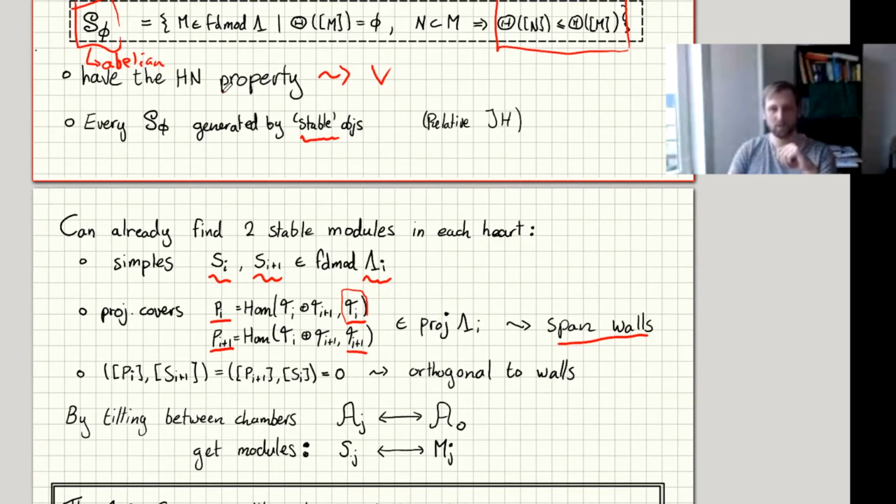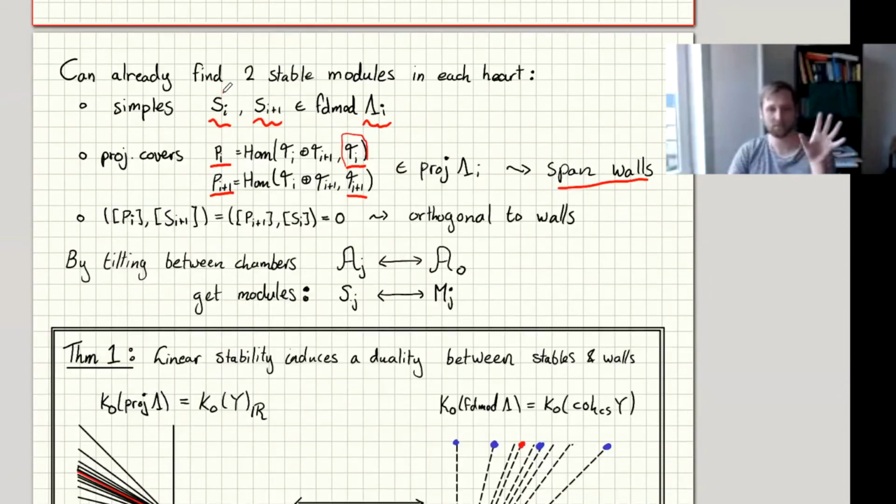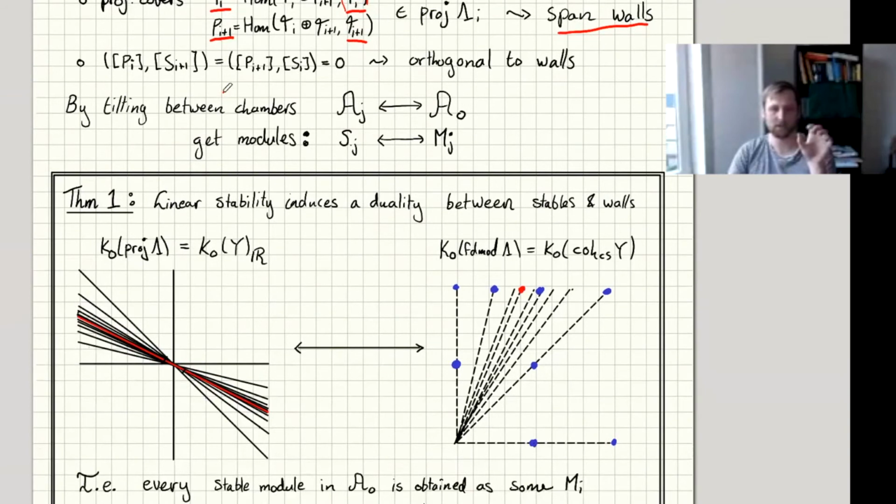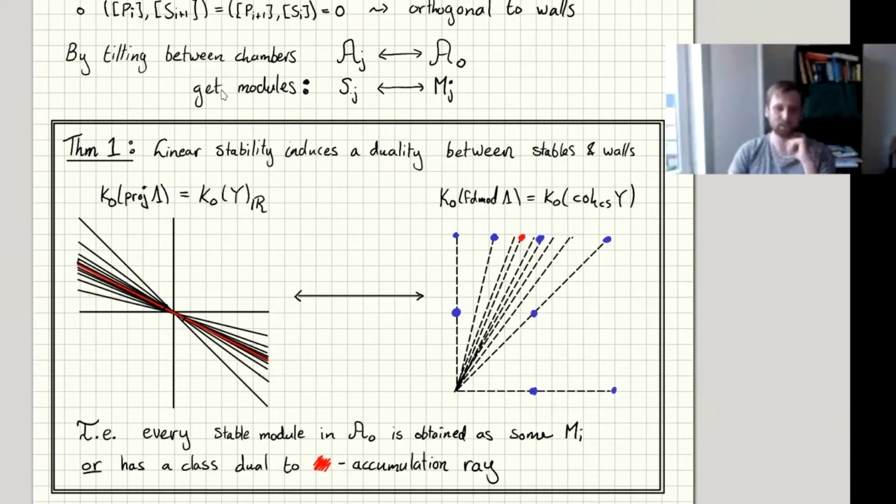And so you obtain a whole string of stable objects by comparing one heart to the other. One of the theorems I proved is that this is actually all you get. There are no other simples dual to this accumulation ray.